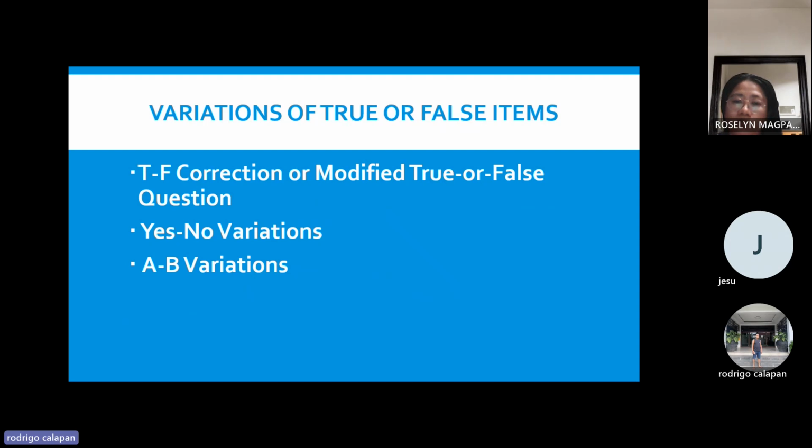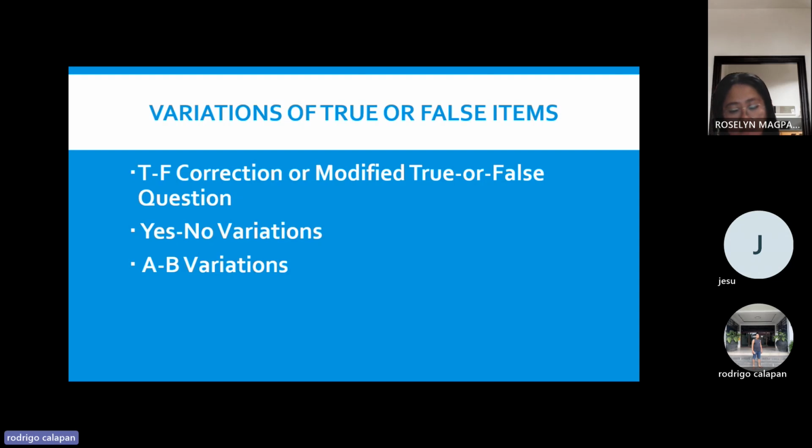Say for example, multiple choice test is authentic. The underlined word is authentic. If it is incorrect, the learner has to supply the correct word or phrase. That is what we call a modified true or false question.